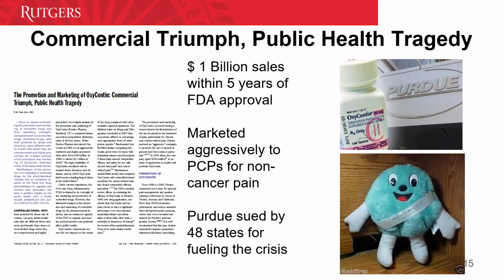In the 1990s, Purdue aggressively marketed the use of Oxycontin to primary care doctors for non-cancer pain, things like backaches and headaches. And during this time, we observed a sharp increase in opioid usage, and these observations can be validated by looking at the number of dollars spent on opioids, over $1 billion in sales within 5 years of FDA approval. And Purdue is now involved in many lawsuits for their role in fueling the crisis.